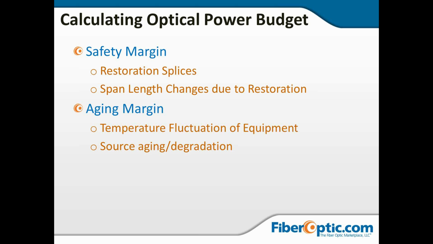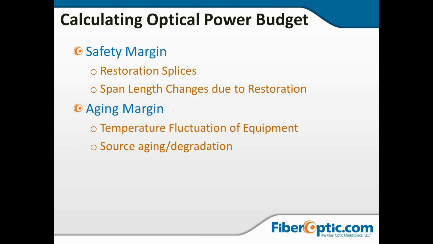Or it may be that you go out and you have a whole section ripped down and you add additional fiber with some slack, and so you may add fiber to the length or add length to the fiber itself during a restoration. So you want to account for all of this in your safety margin, or restoration margin.